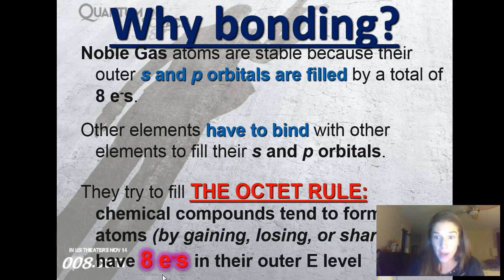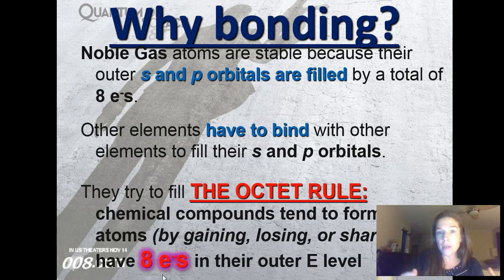Okay, now a compound is different from an element. A compound is the amalgamation of more than one element. So it is the bonding or binding of more than one element together to form a compound. So compounds form so that individual atoms can either gain electrons, lose electrons, or share electrons so that they have 8 electrons in their outer energy level.